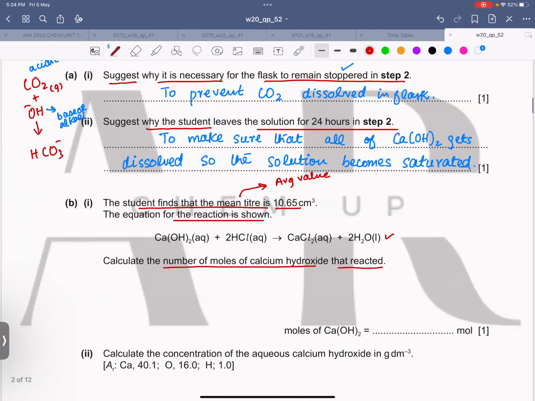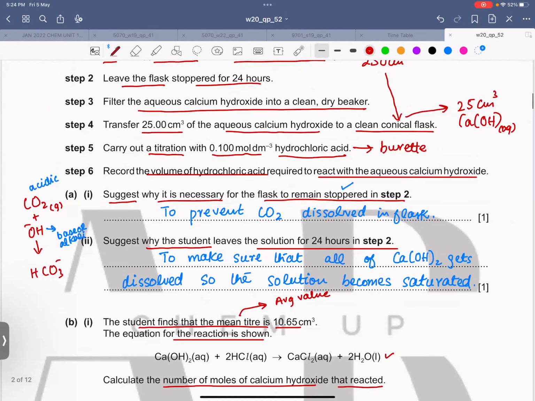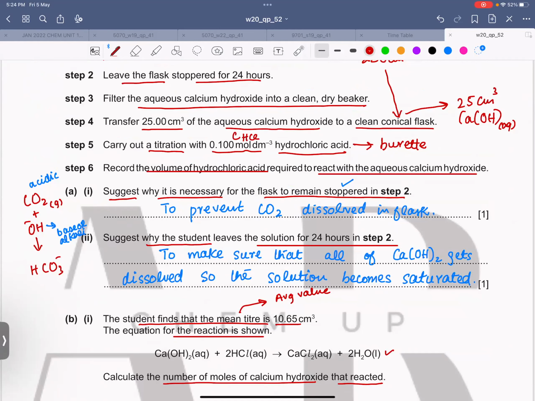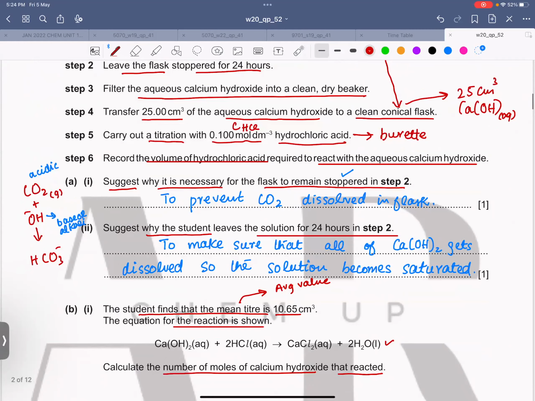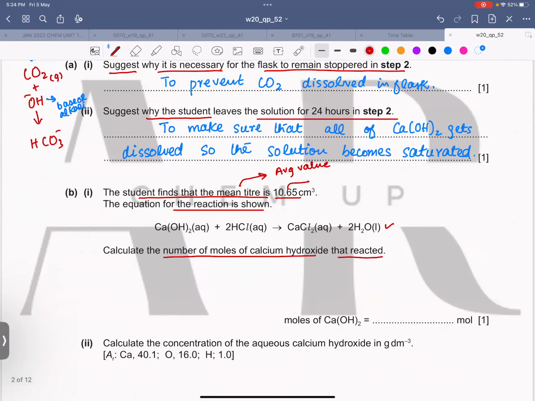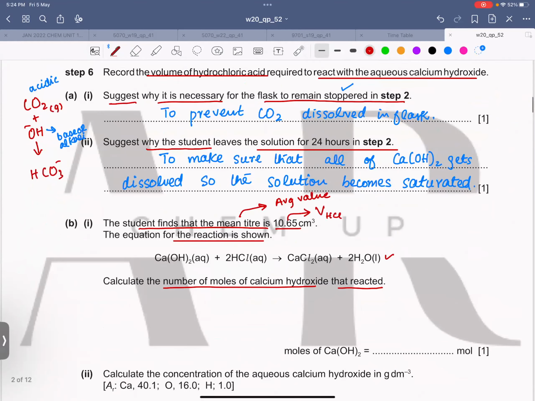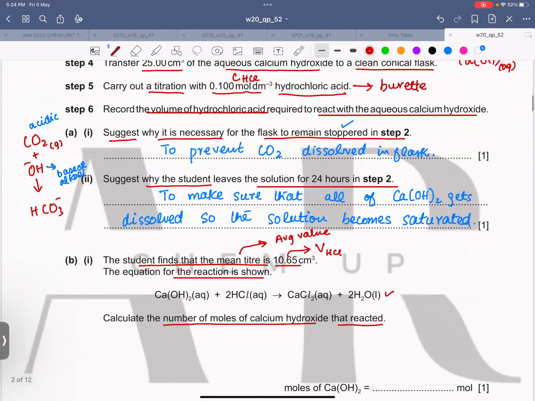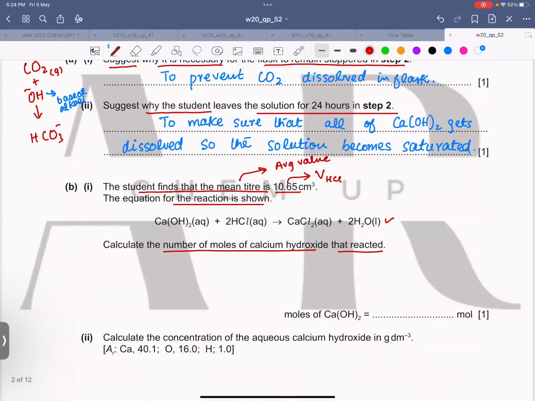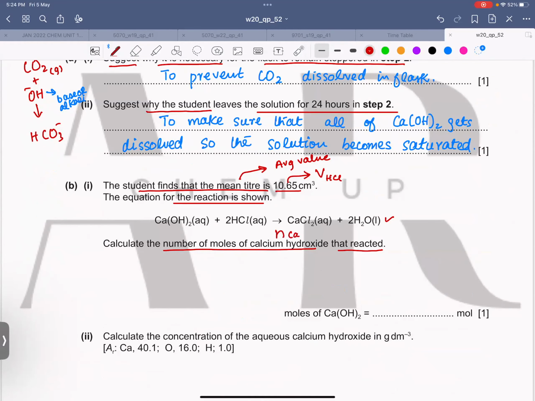So here we are provided with the concentration of acid, right? And here we are provided with the volume of acid. So we know the concentration and the volume of acid, and they are asking you to find the moles of calcium hydroxide, which is the base.